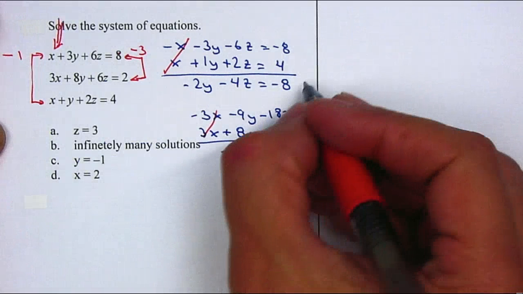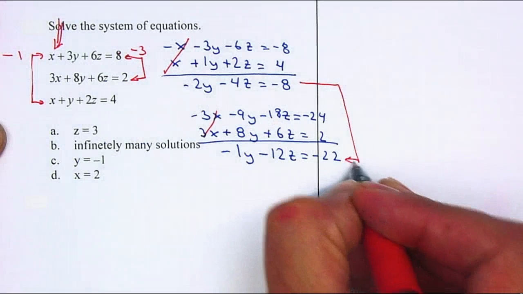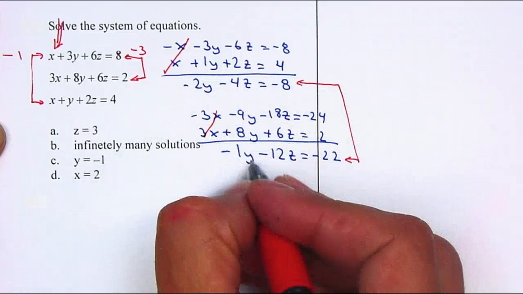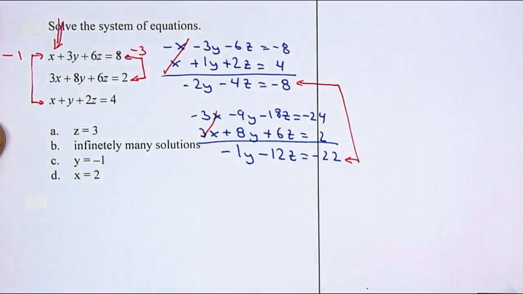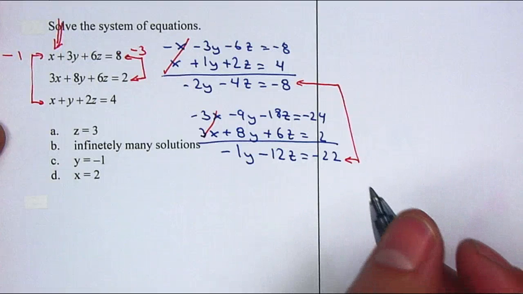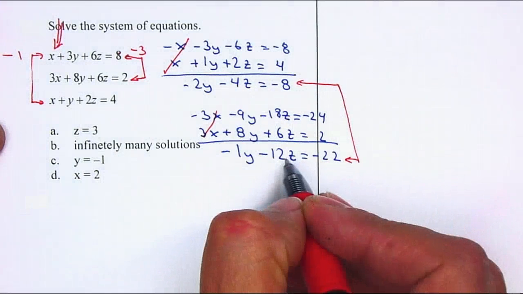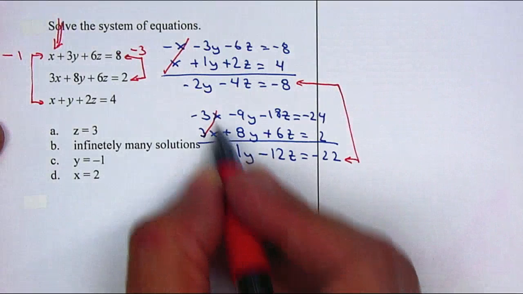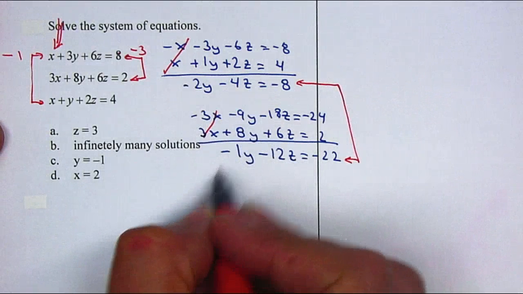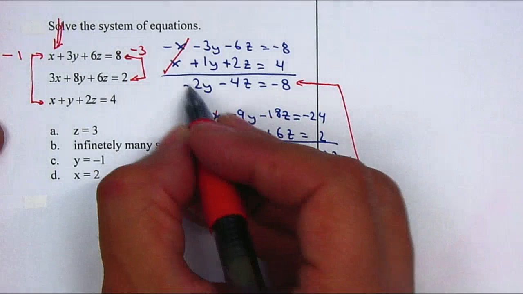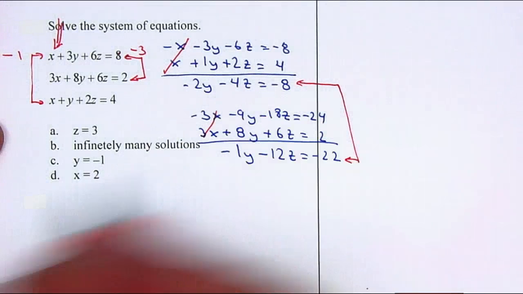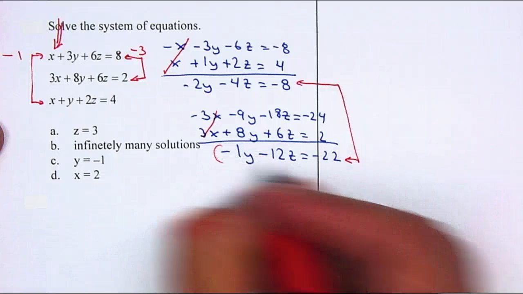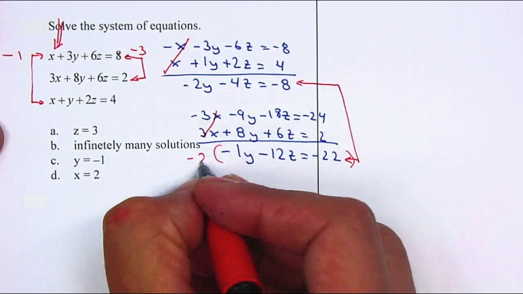Next, I'm going to grab both equations that I have in here, and notice that they both should have the same variables, y and z. And I want to cancel the y's or the z's. So I can multiply the bottom equation by -2 to cancel the y's, or if you want to cancel the z's, you can multiply the first equation by -3. I believe it's easier to cancel the y's by multiplying by -2.